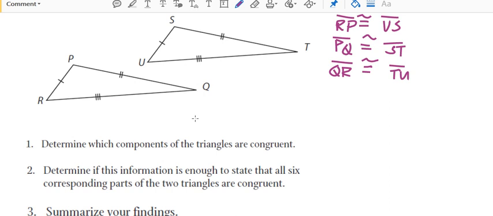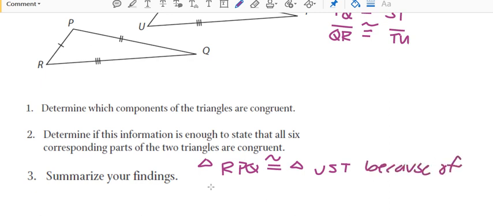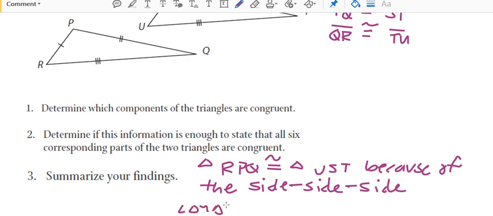So now what we are able to state here based on this information is that triangle RPQ is congruent to triangle UST because of the side, side, side congruence postulate.